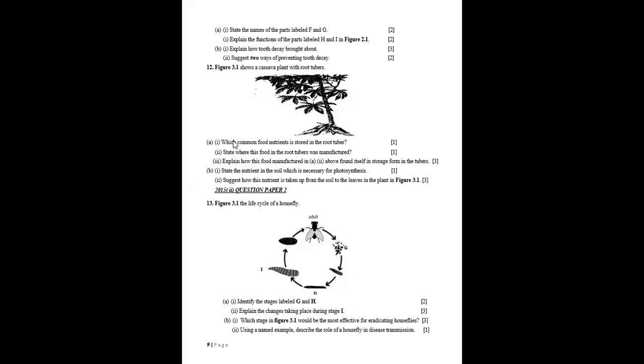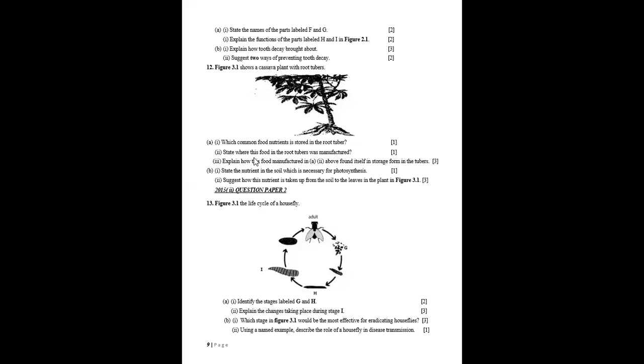The first question, A1: which common food nutrient is stored in the root tuber? It's starch or carbohydrate or glucose.